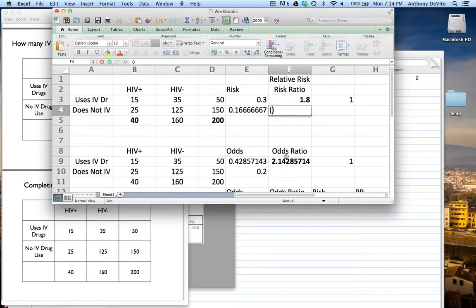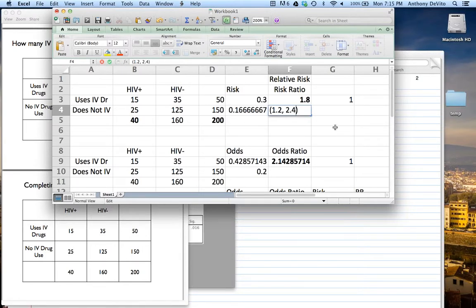I want a 95% confidence interval for the true relative risk for HIV drug use and outcome, right? So let's say that the 95% confidence interval turns out to be 1.2 to 2.4.